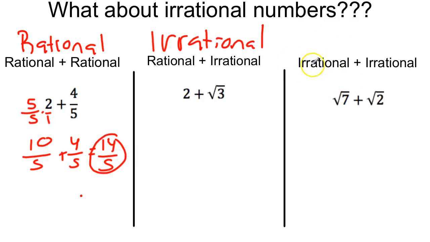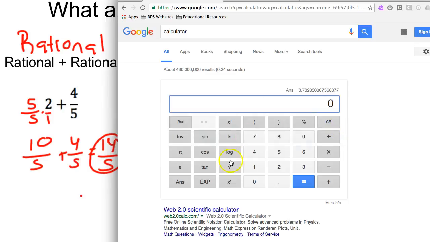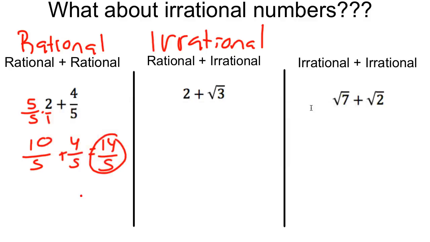Over here, if I have square root of 7 plus the square root of 2, these are both irrational numbers. If I put that in a calculator, square root of 7 plus the square root of 2, another irrational number. The number does not repeat itself, it does not end, so that's irrational. But there is a special case.